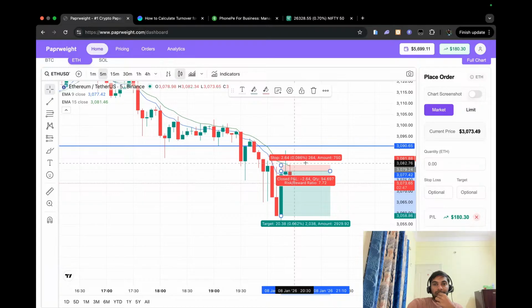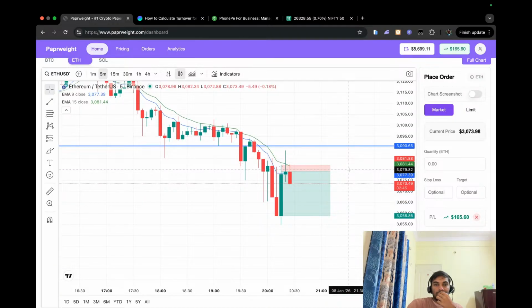I will minimize the risk. So $60 risk max. Because reversing from $200 is a big thing, and we don't want that. We will get trapped again. So our stop loss is like $50-$60, but our target is bigger, like $400-$500, something like that.